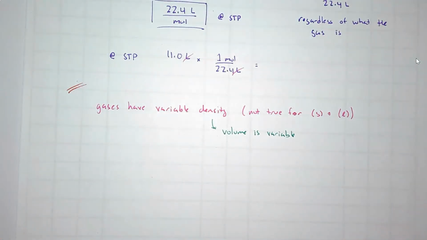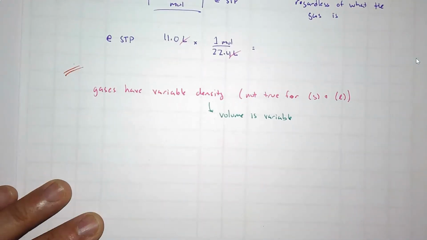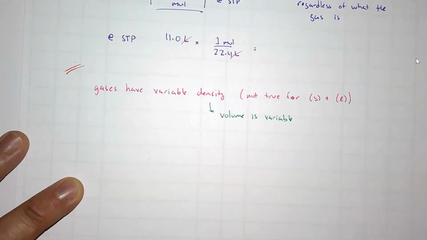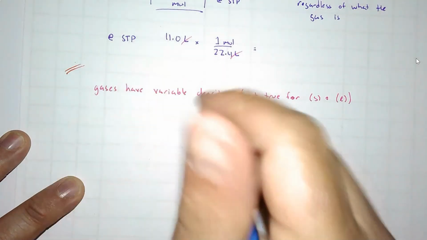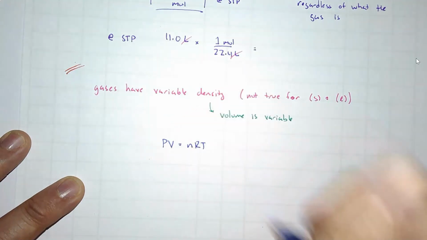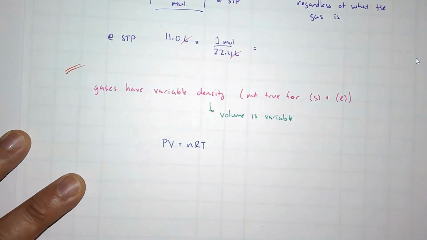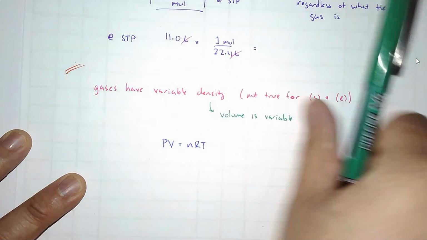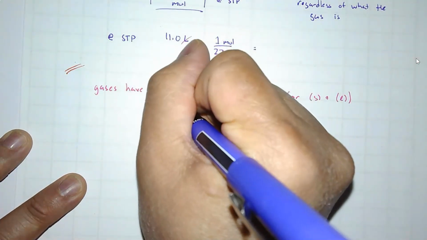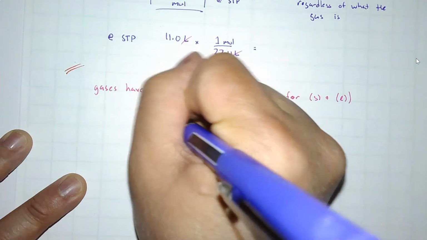Okay, let's start with PV equals nRT. So here's the derivation to get density. Remember that density for gases most likely will be measured as grams per liter.